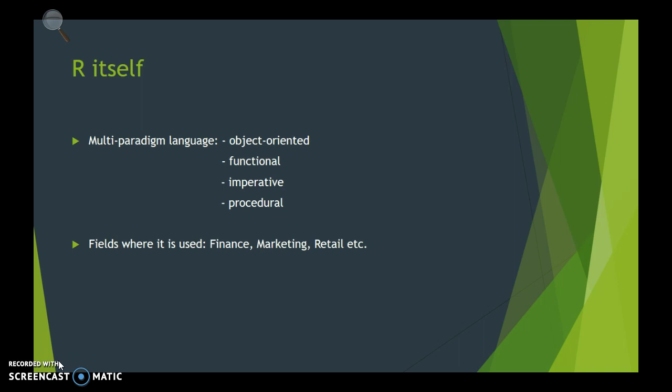As well, we can call it imperative because we can run our program line by line, and after each run, a new output appears in our console. Lastly, the language is procedural because it has this console. As I said before, the fields where it is most commonly used are finance, marketing, and retail, but honestly, in a small part, it's used in almost every single field.